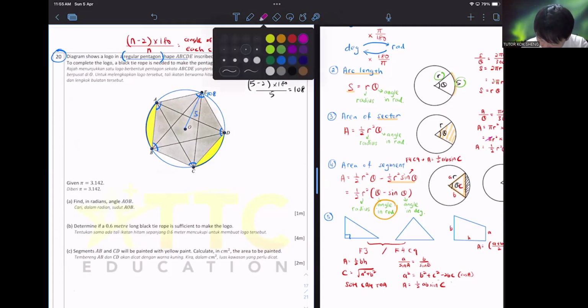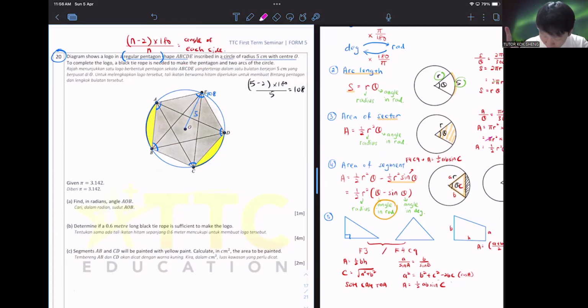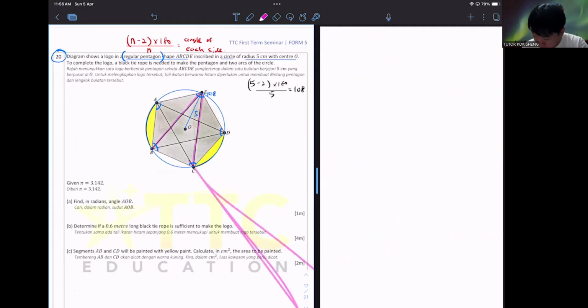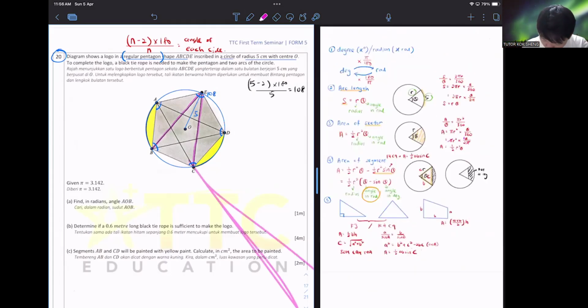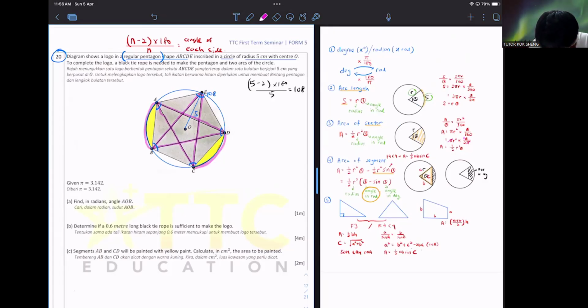So which means the length of the black tie rope is one, two, three, four, five straight lines and also two arcs of a circle. Done. So you got five straight lines and two arcs beside them.